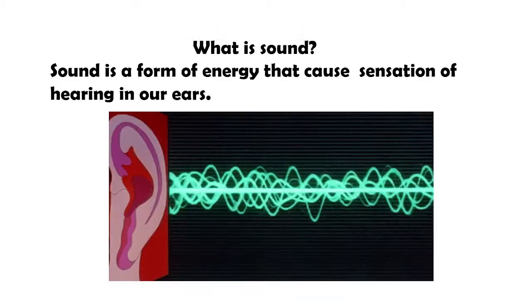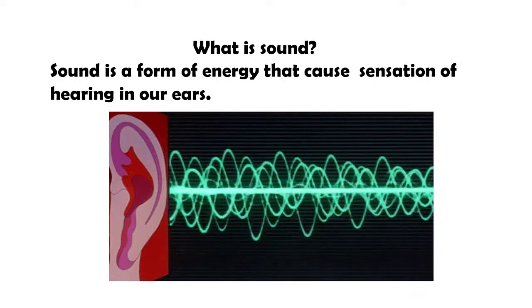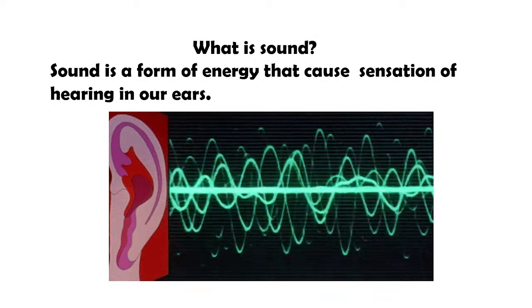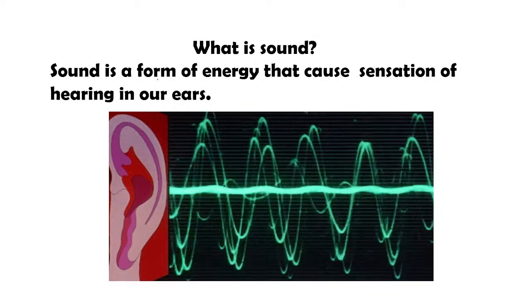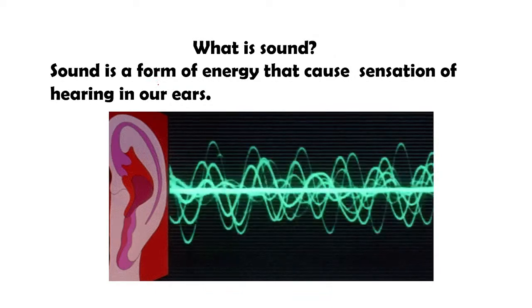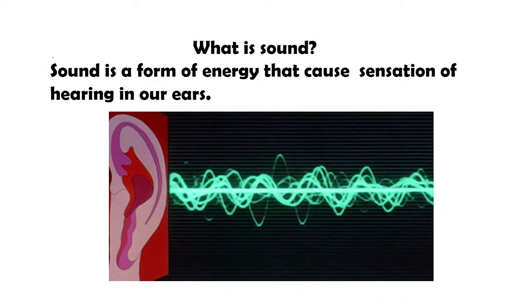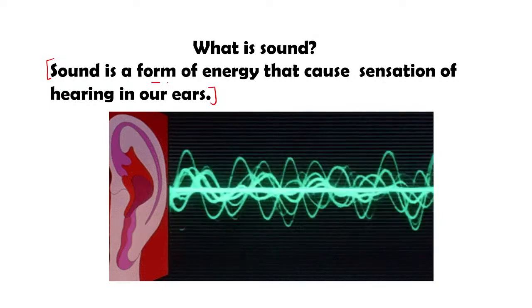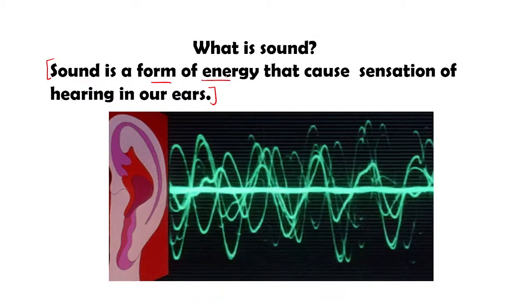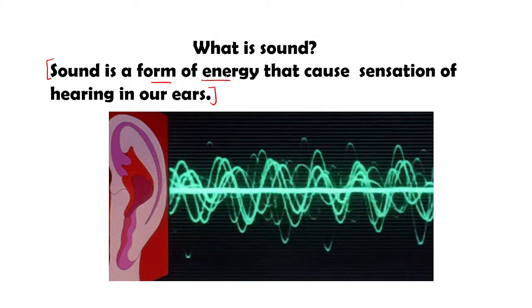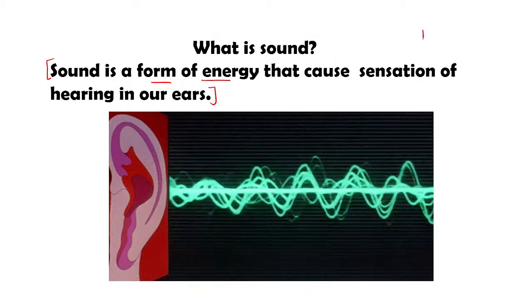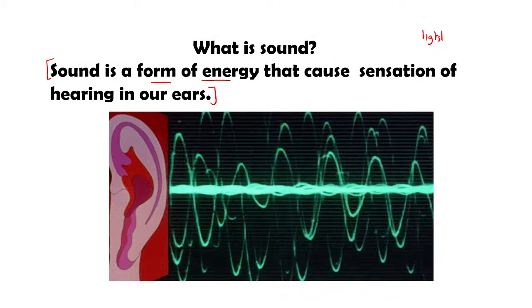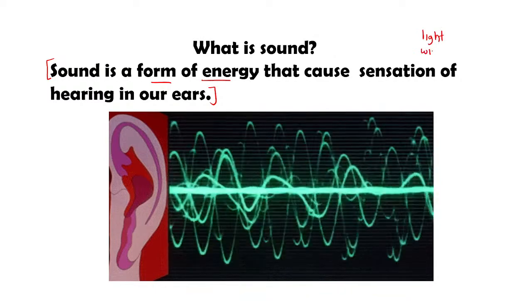Let's begin with understanding what is sound. What is sound? Sound is a form of energy that causes sensation of hearing in our ear. Let me repeat for you. A sound is nothing but it is a type of energy. We know that there are different types of energy like light energy, wind energy, nuclear energy, solar energy.